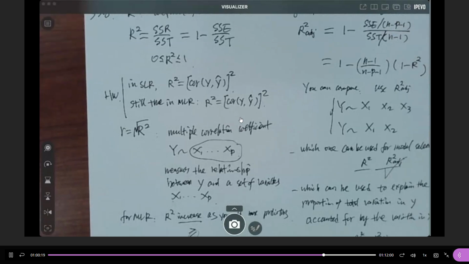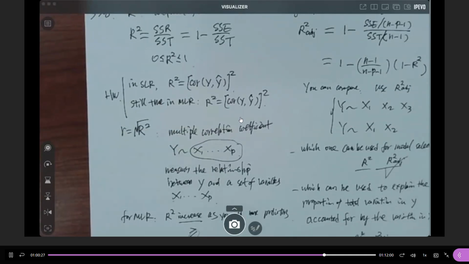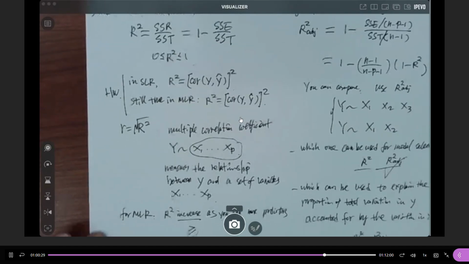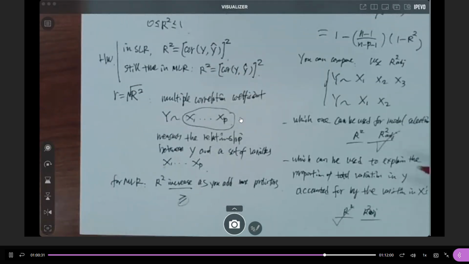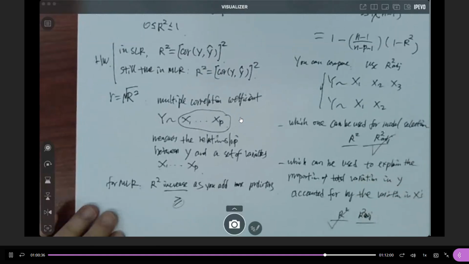That's a complete definition, which completely includes SSR because you use Y hat. But after you adjust here, you no longer have that. So to account for the variation in Y that can be explained by X, you use the old definition. I hope this is clear. Sometimes people get confused.